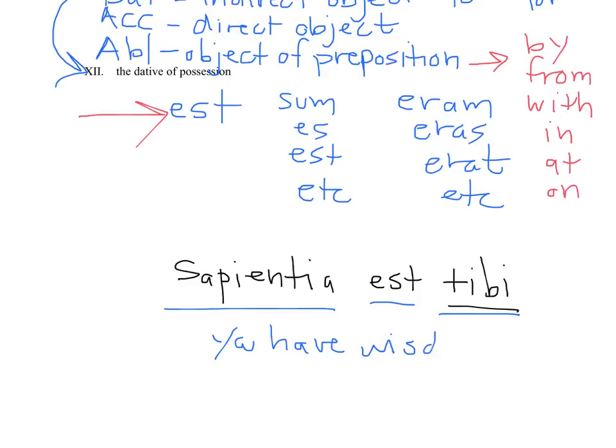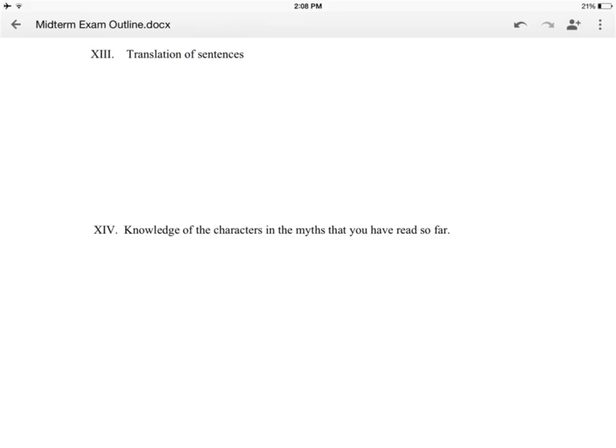The dative is non-literally translated as a possessive. There is wisdom for you, or you have wisdom. Wisdom belongs to you. It's an awkward thing in English to do, but you have to understand the dative of possession because it is a not uncommon form in Latin.